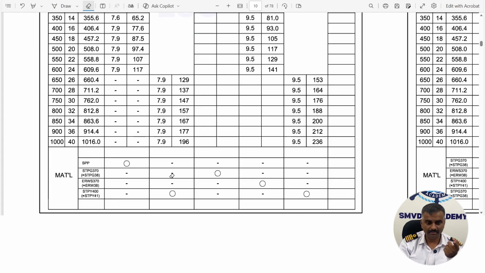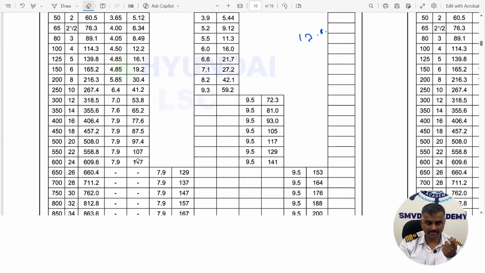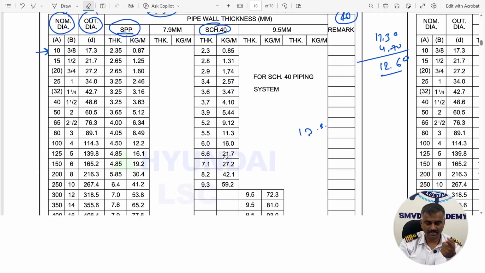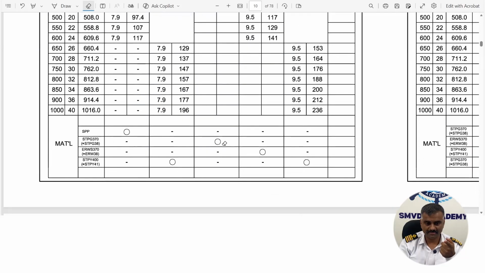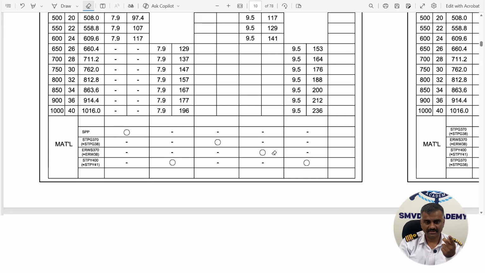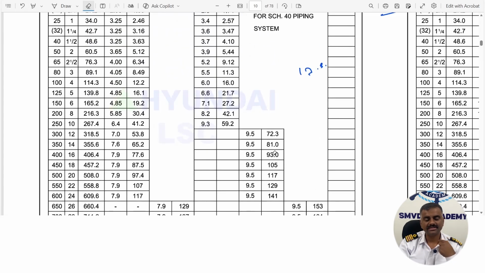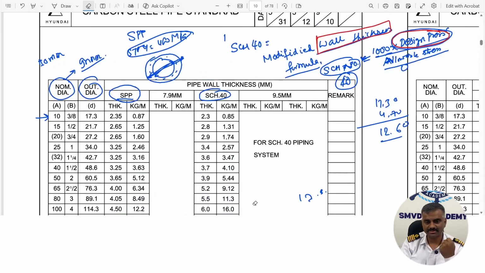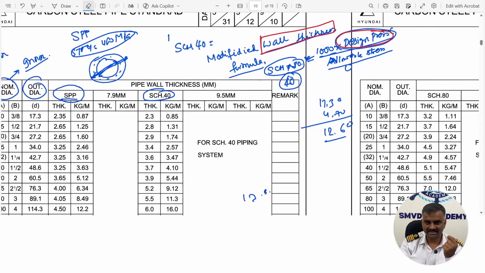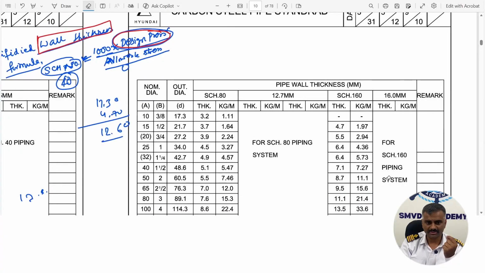In between, either SPP pipe is used or schedule 40 pipe is used, STPG 370 or ERSW 370, electrical resistance welding 370, depending on the strength. So that is the concept of the schedule number. Let us see the other chart for this. Okay, here is what is happening.